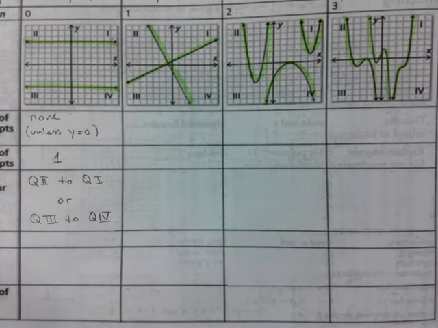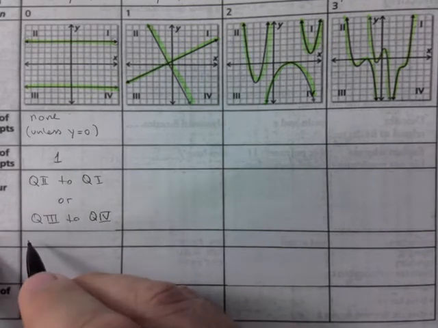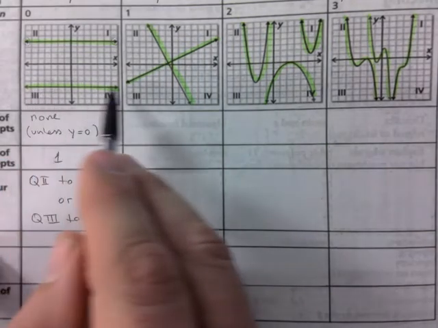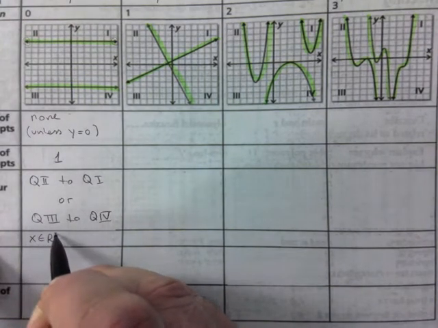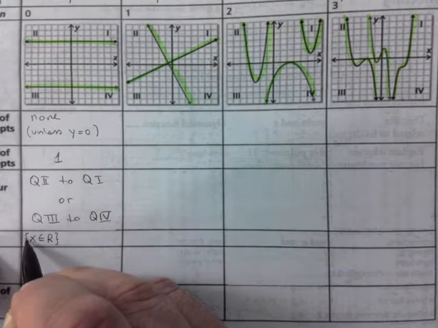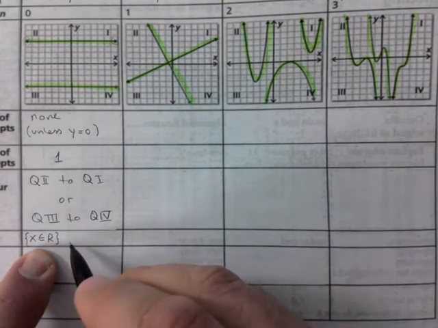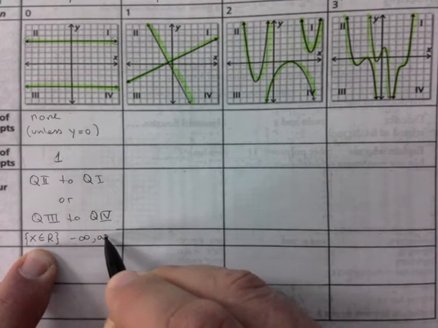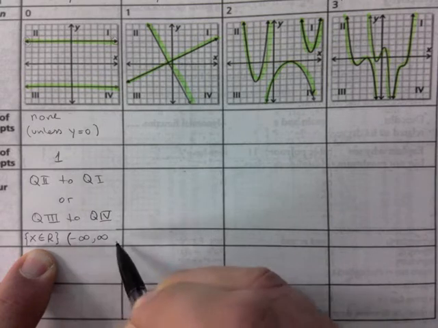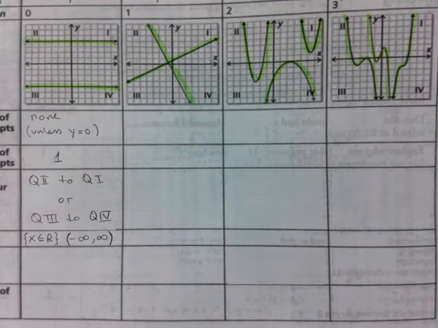Do you remember domain and range? Domain stands for x values. So for this particular function, every x value, so x is part of the real numbers, and we use squiggly brackets like that for set notation. You could use interval notation: negative infinity to positive infinity with round brackets, because you cannot encompass infinity.